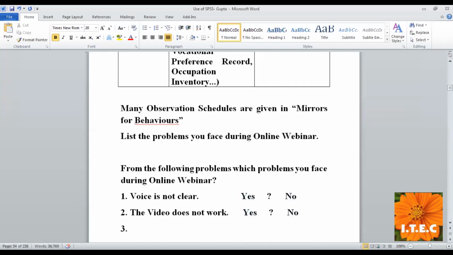Third: participants cannot ask questions.